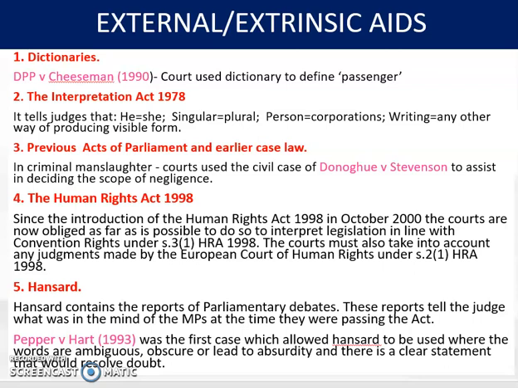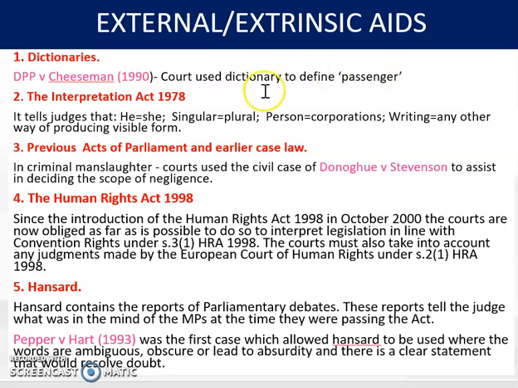And if you recall, the judge in that case used a dictionary to find out the meaning of the word passenger, because the Act in that case was from 1847, and the meaning of the word passenger has changed since then. So we discovered in that case that passenger meant a pedestrian, whereas to us today, we would expect a passenger to be someone you take in the passenger seat of a car, for instance.